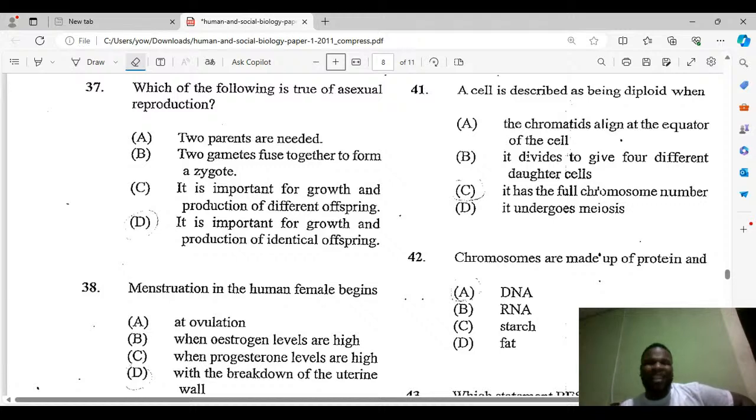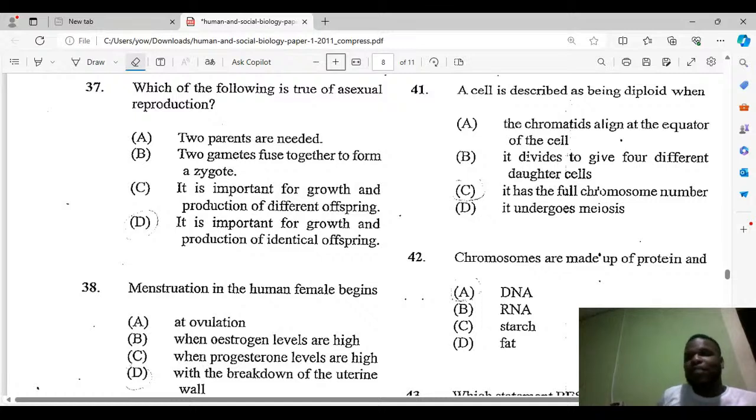Growth of all our body cells are somatic cells, while meiosis is to do with sexual reproduction, gametes, egg and sperm fusing together. Right? So remember that meiosis is sexual reproduction. Asexual reproduction is about one parent, mitosis. It's important for growth, and it doesn't produce different offspring. It produces the same offspring.